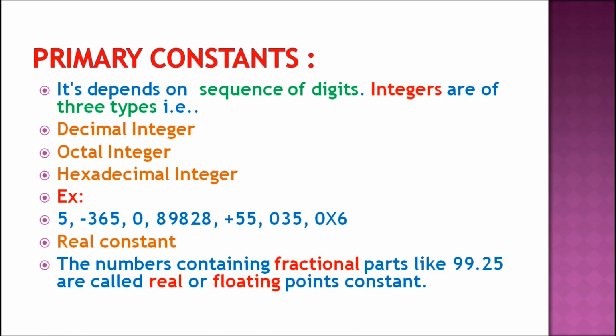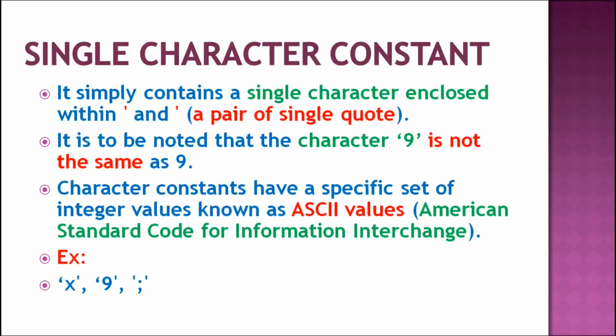Okay, single character constants: it simply contains a single character enclosed within single quotes. If any value is within a pair of single quotes, it is called a character constant.